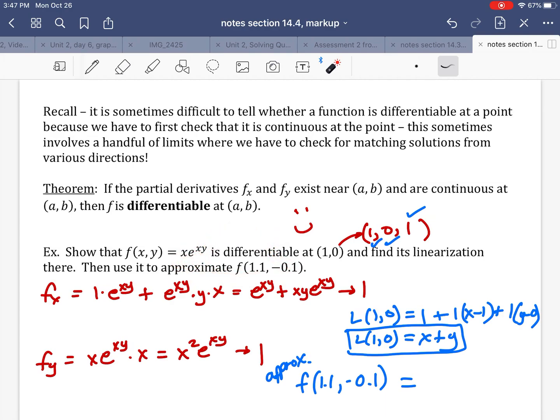You would definitely need a calculator. You'd be like, oh geez, I don't know what that is. You had to do e to that power and all that. That'd be horrible. But instead, if you wanted to approximate it, all you would have to do is add the x and the y, 1.1 plus -0.1. And so that comes out to 1, our favorite number in this problem.